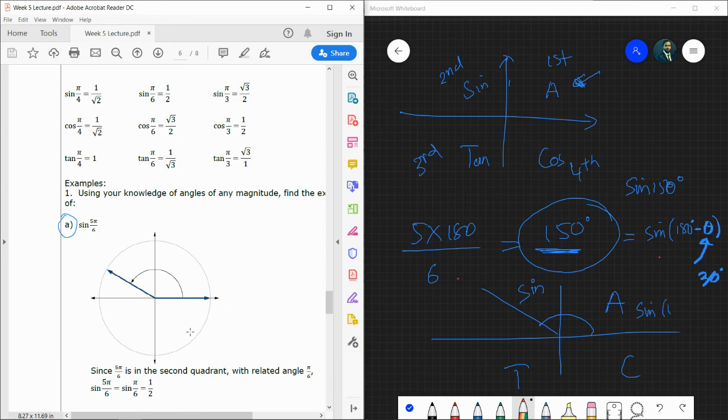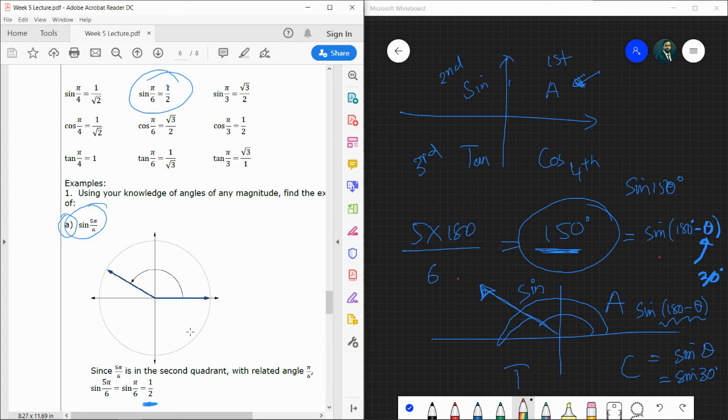Sine of 180 minus theta. But where does sine of 180 minus theta lie? It is here, in the second quadrant, which means it's the same thing as sine theta, or sine 30. In other words, what's the value of sine 30? Half. Sine 30 is half. So simply sine 5 pi by 6 is half.